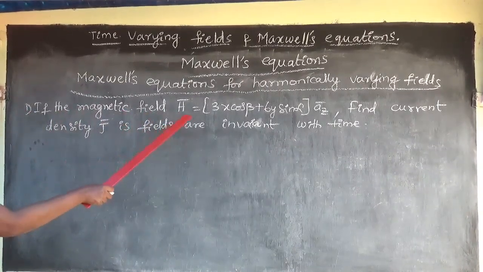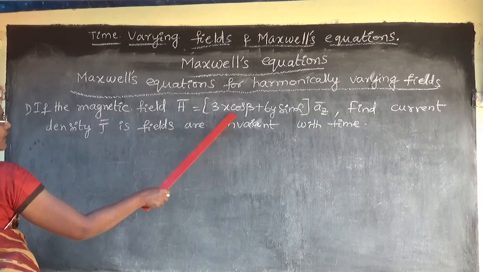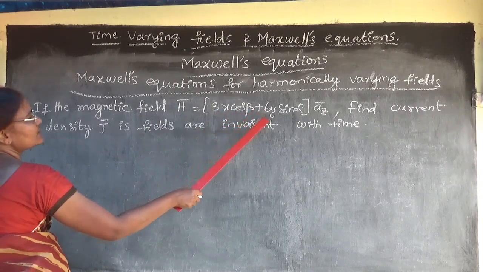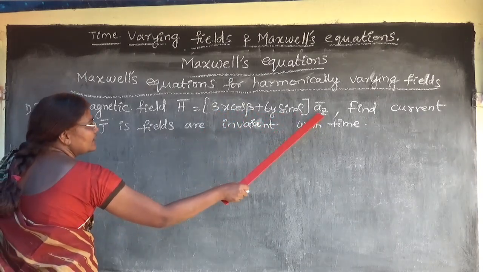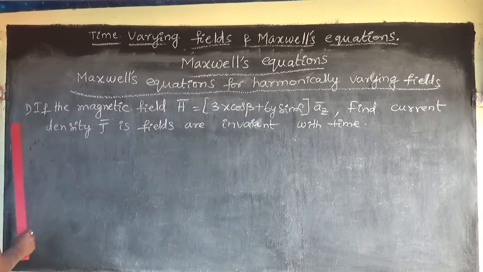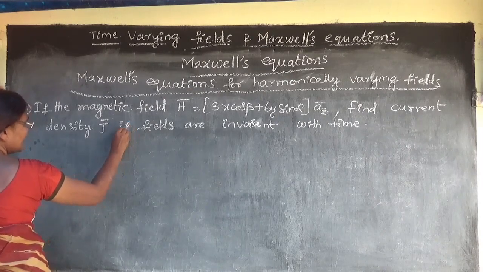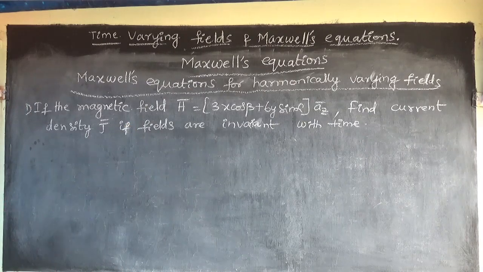If the magnetic field H bar is equal to (3x cos beta plus 6y sin alpha) a_z bar, find the current density J bar if the fields are invariant with time.